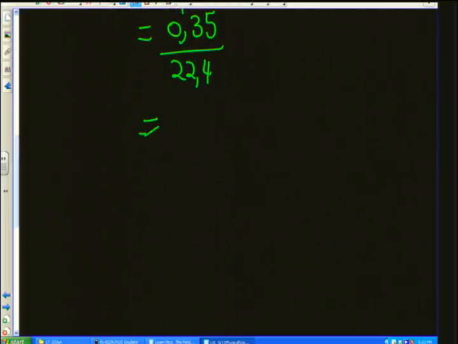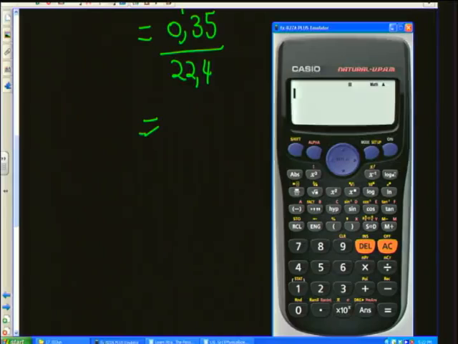You can use your calculator quickly. So let's go to the calculator. It's 0.35 divided by 22.4. All right, so what will this work out to be?